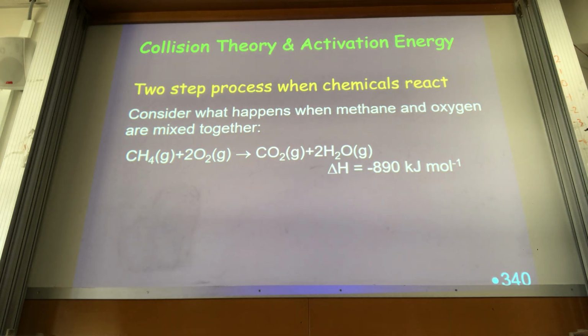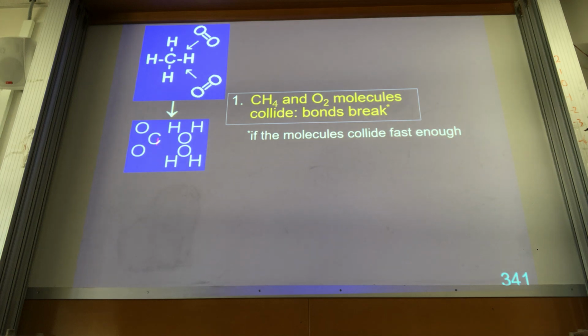So let's look a little bit more nuts and bolts. What happens in a chemical reaction? It can be thought about as a two-step process. When we react methane with oxygen, when we burn it, the first step is the molecules collide and bonds break. So the oxygen molecules collide with the methane molecules, and we end up with those bonds being broken and atoms ready in a high energy state, ready to combine in an alternative way.